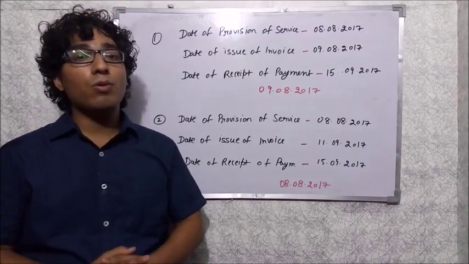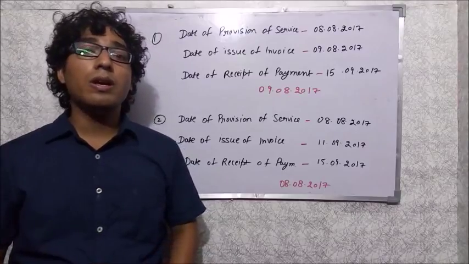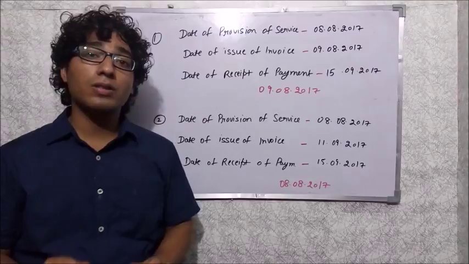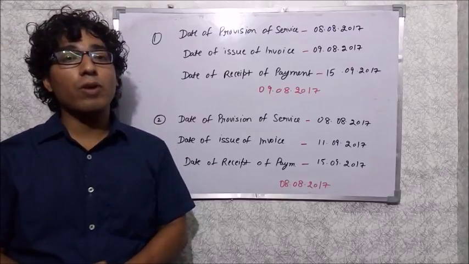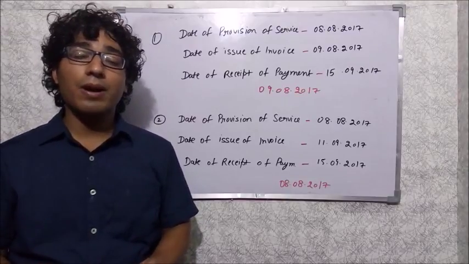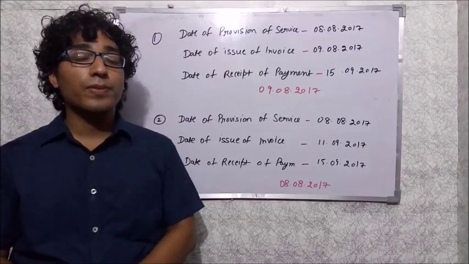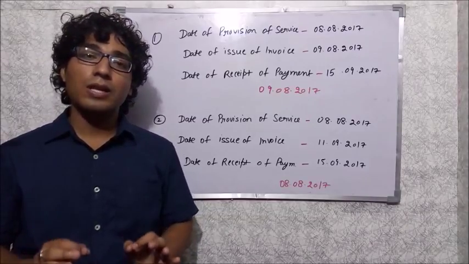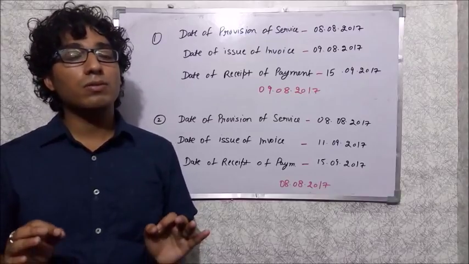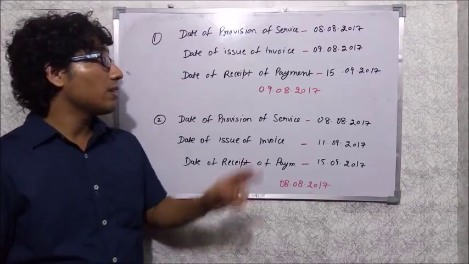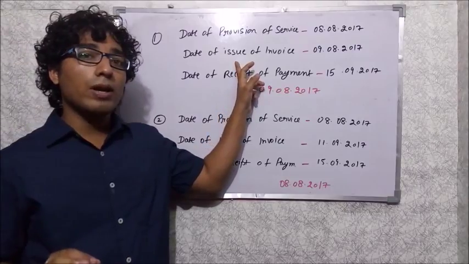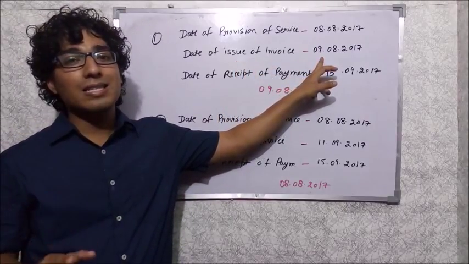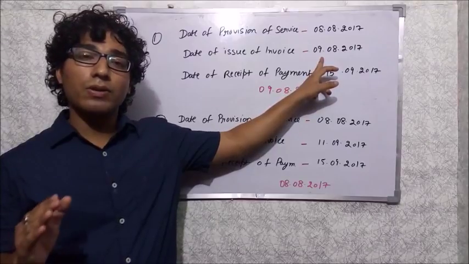Now first we have to check whether the supplier of services has issued the invoice within the time prescribed under section 31 subsection 2, and the time within which the invoice should be issued is within 30 days from the date of provision of service. In this case, the date of issue of invoice is 9th August 2017, which is just the next day after the date of provision of service.